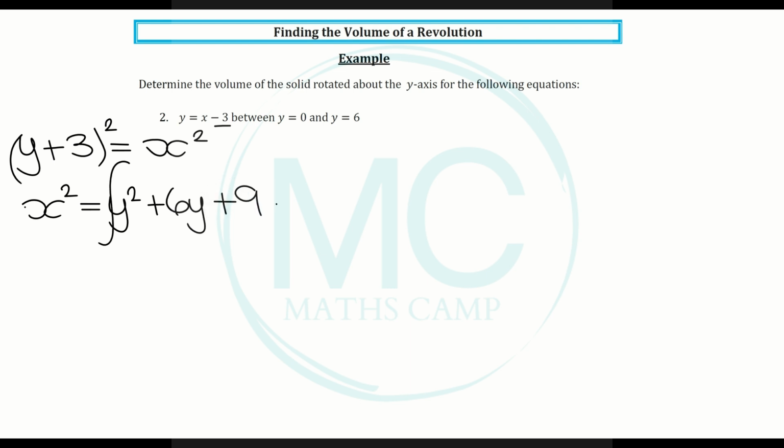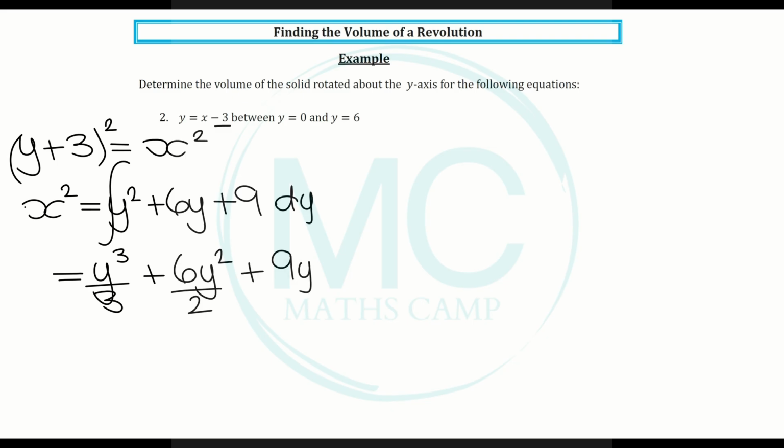This is the equation that we need to integrate. And we're going to get y cubed over 3 plus 6y squared over 2 plus 9y. Let's tidy this up. We have y cubed over 3. 6 divided by 2 gives us 3.